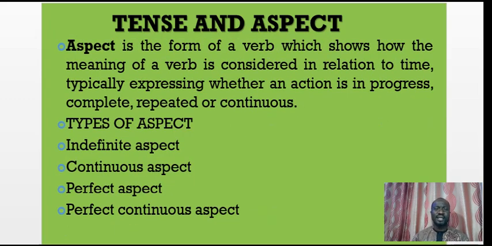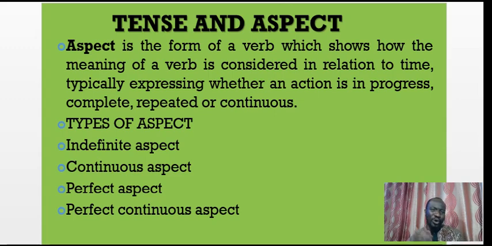Now, we also have aspect. Aspect is a form of a verb which shows how the meaning of a verb is considered in relation to time, either past, present, or future.